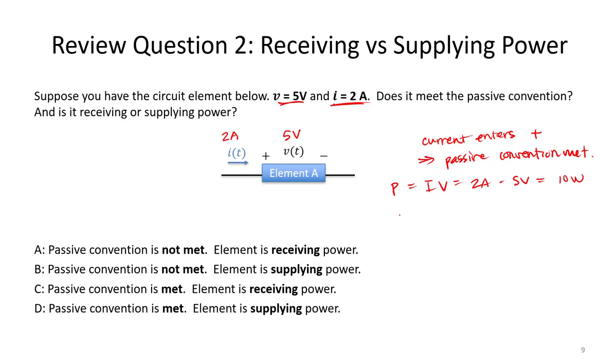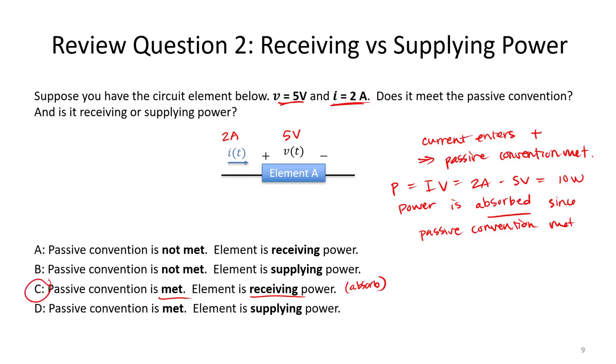That means, in this case, power is absorbed, since the passive convention is met. And so the correct answer here would be passive convention met, and we are receiving or absorbing power. So correct answer was choice C.